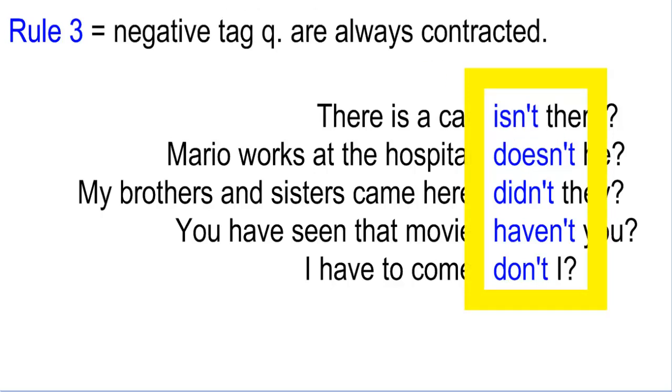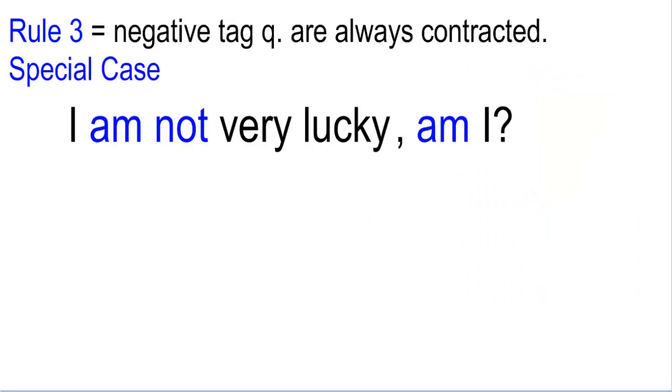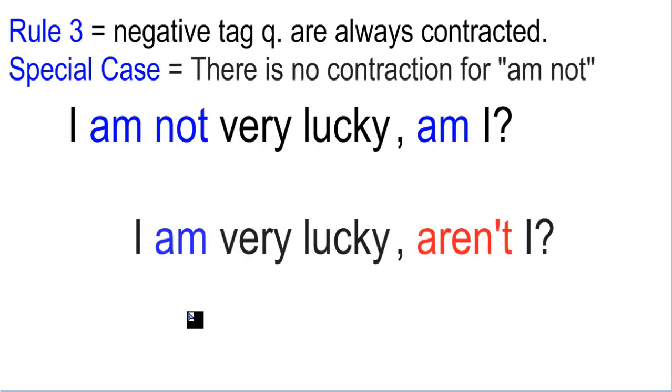Now for this, there is a special case. I am not very lucky. Am I? Yeah, that's okay. Negative, affirmative. But what happens when it's the opposite? I am very lucky. Aren't I? This is the exception of the rule. But why? Well, there is no contraction for am not.